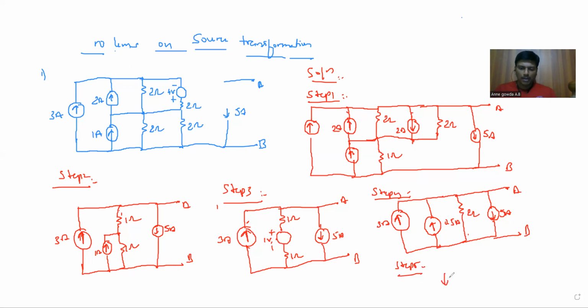I'll go with the polarity of the 5 amps, which is 5 minus 3.5, it is 1.5, with the same resistance, that is 2 ohms, across the terminals A and B.